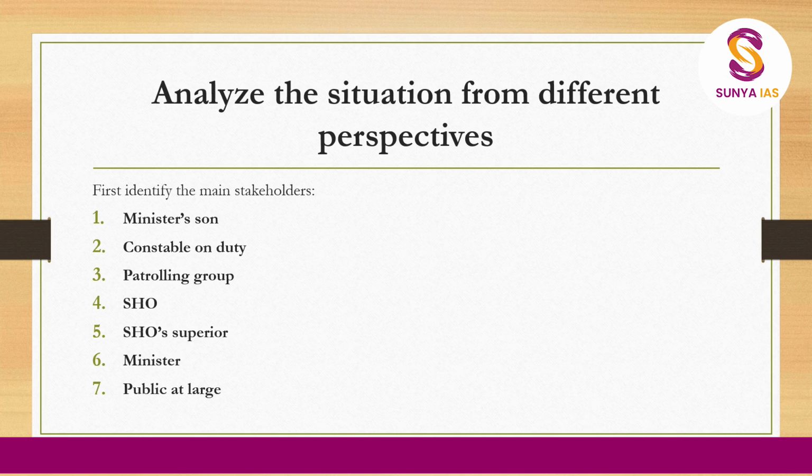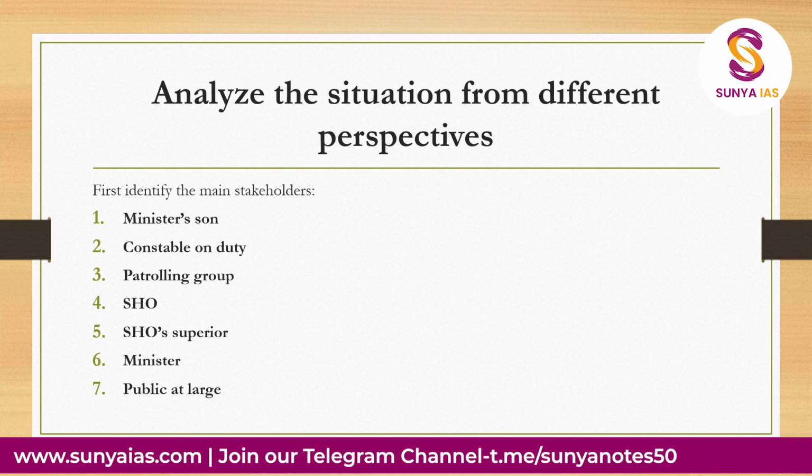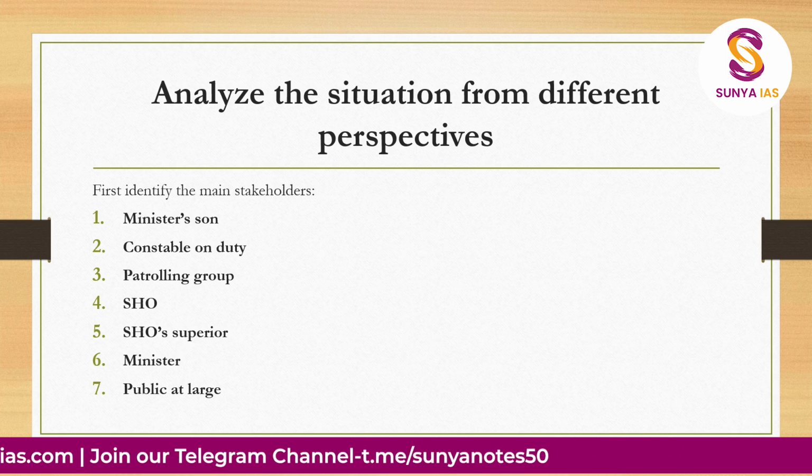So these people are the stakeholders. You can see how I have picked up each and every person mentioned in the case study, and to that I have added the minister and the public at large, because the entire situation also concerns public safety, right?